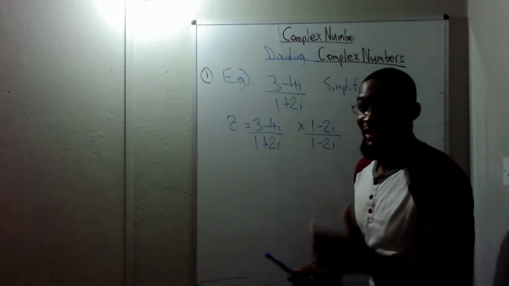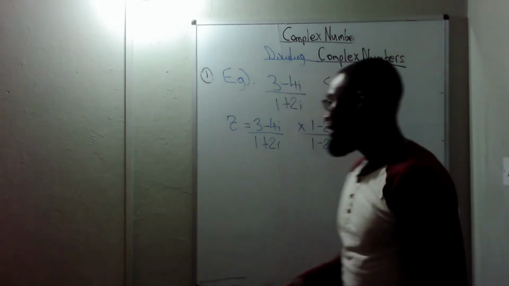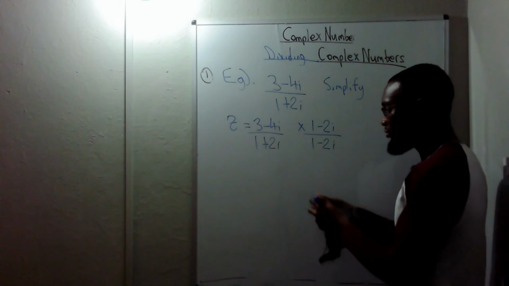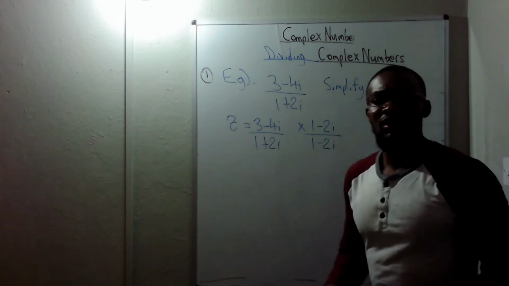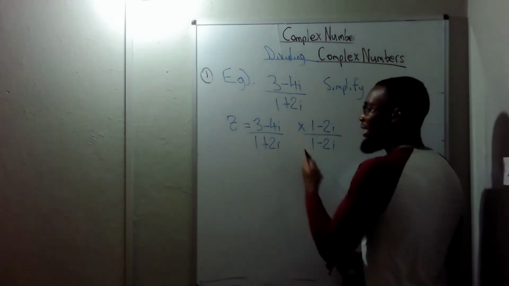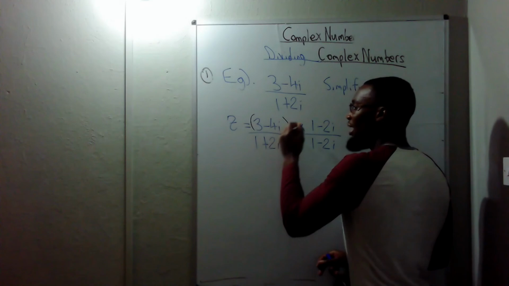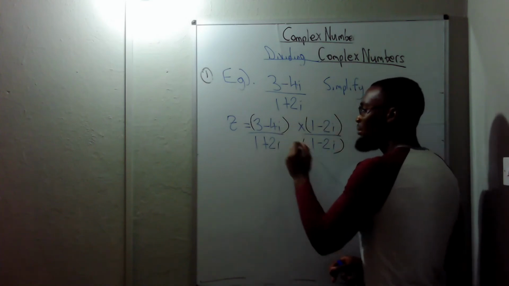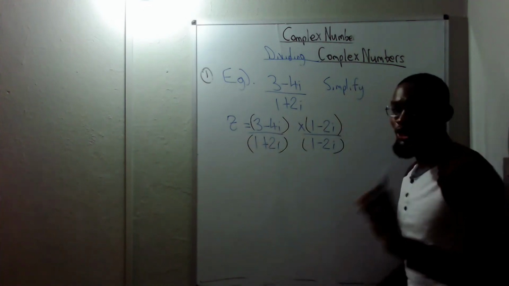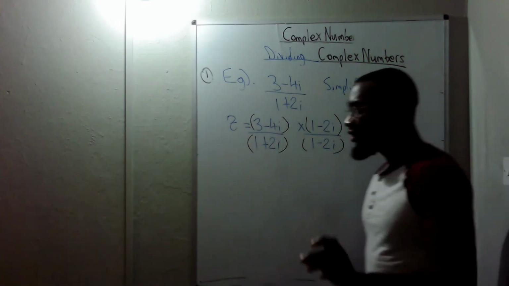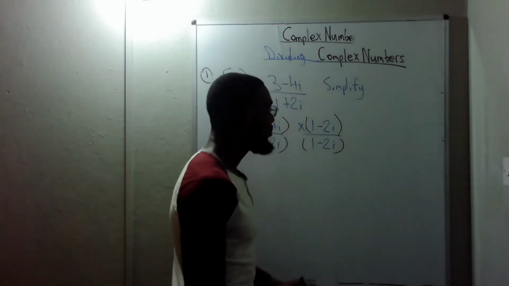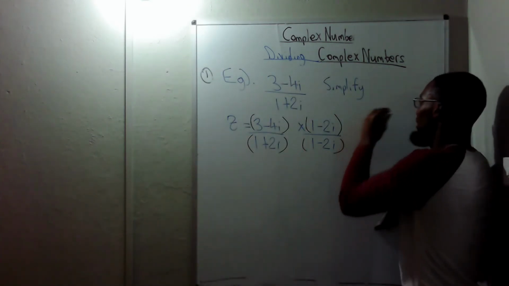Beautiful. Now since this is a conjugate, what are we going to do? Whenever you're multiplying two fractions, we multiply across their numerators and we multiply across their denominators. But just bear this in mind when you're multiplying across their denominators, please remember this, guys.